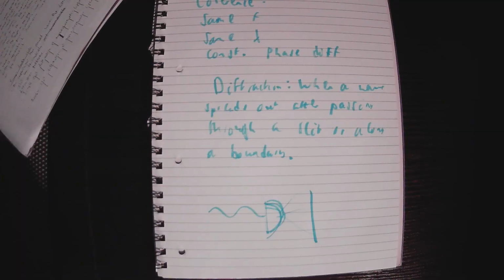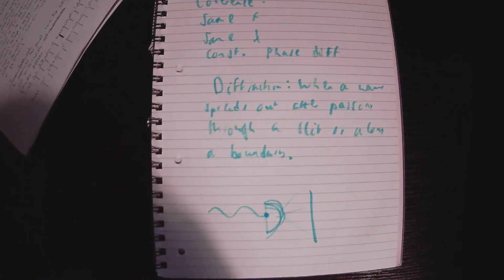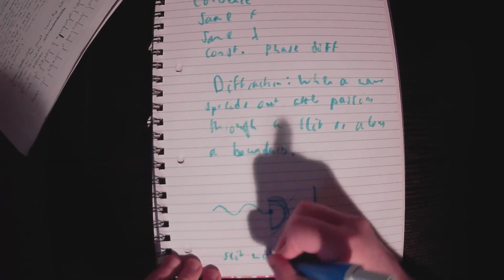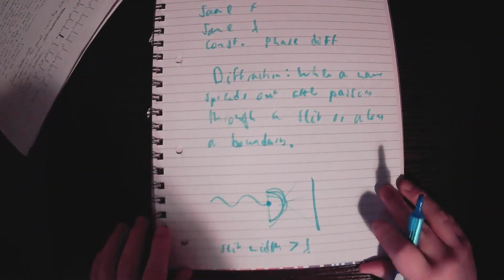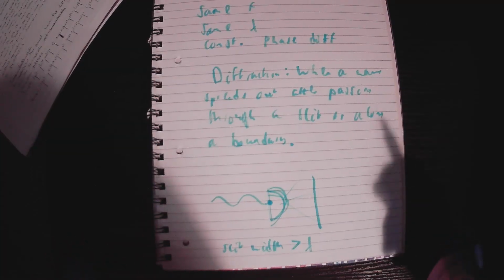One of the big things that you have to know is the smaller the slit, the more diffraction, so the more it spreads out, is the basis of it. But the slit can't be so small that the wave physically cannot get through. A way to write that is slit width must be bigger than lambda, the wavelength of the wave, but we want it to be close to lambda.